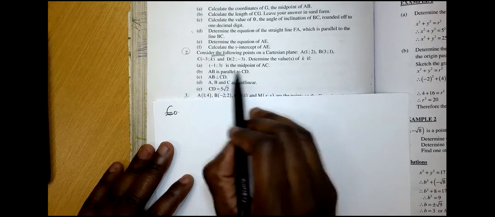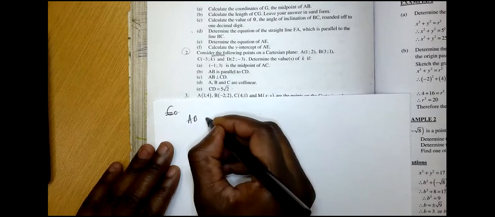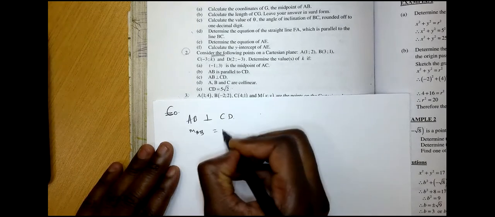If AB is parallel to CD, so we are told that AB is parallel to CD. What does that mean? It means that m_AB is equal to m_CD. Okay, so what must we do now?